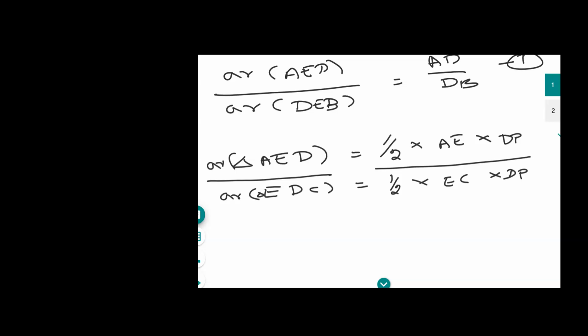DP is the altitude for this particular triangle. So half and half gets cancelled. DP gets cancelled. So you get that is equal to AE by EC.